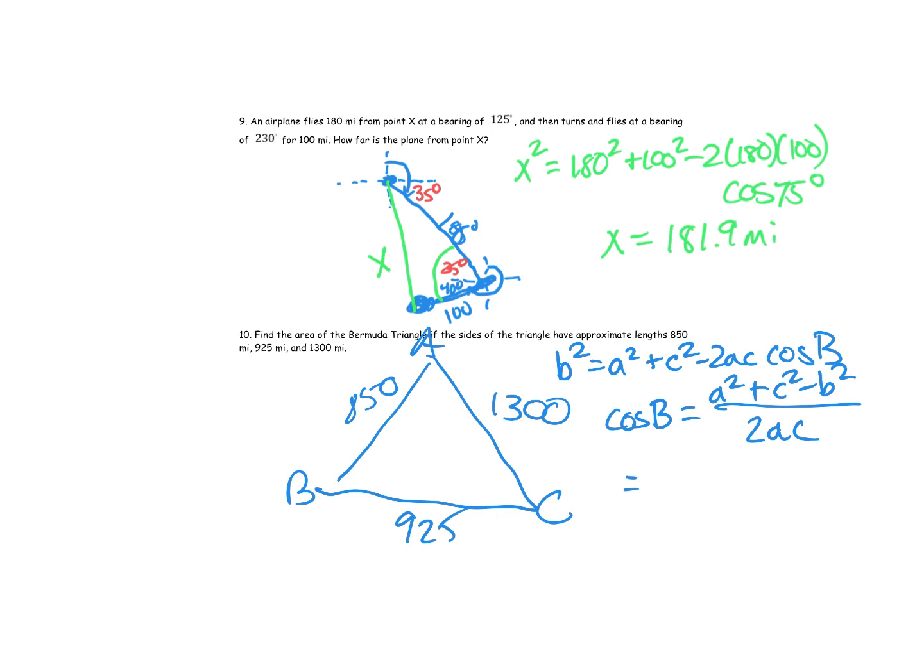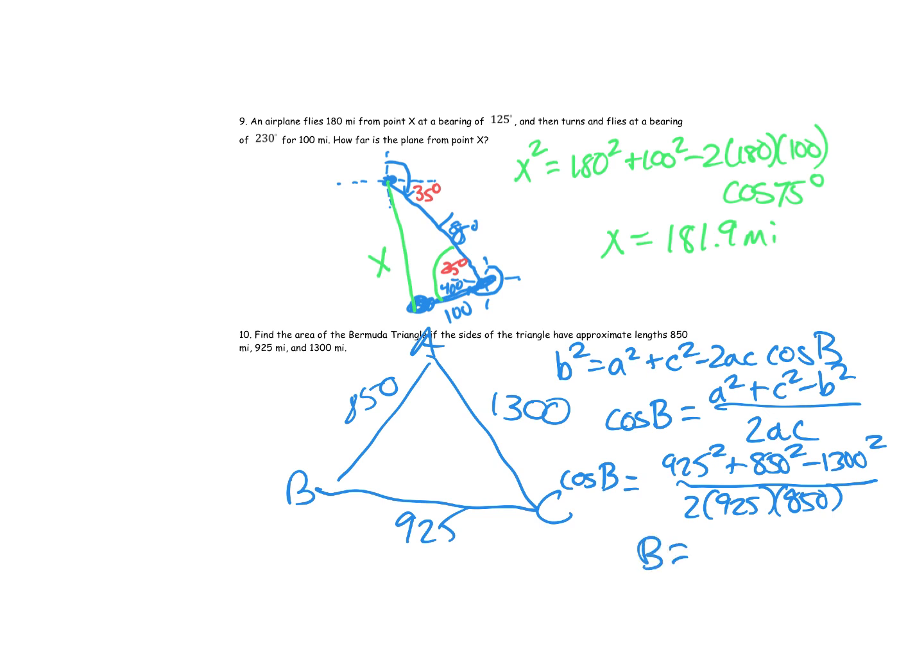We'll have 925 squared plus 850 squared minus 1300 squared over 2 times 925 times 850. And again, remember that's cosine of B. So when I then find what cosine B equals and do inverse cosine, I'll get B is 94.08 degrees, which actually is an obtuse angle.